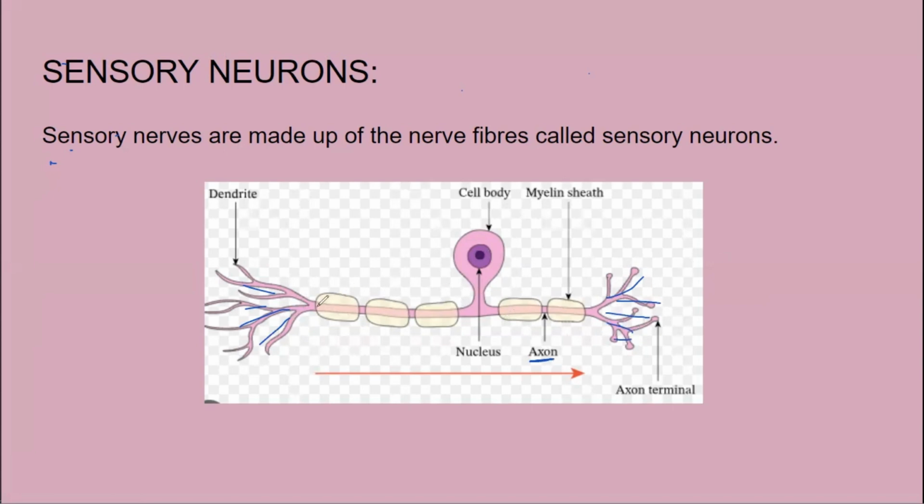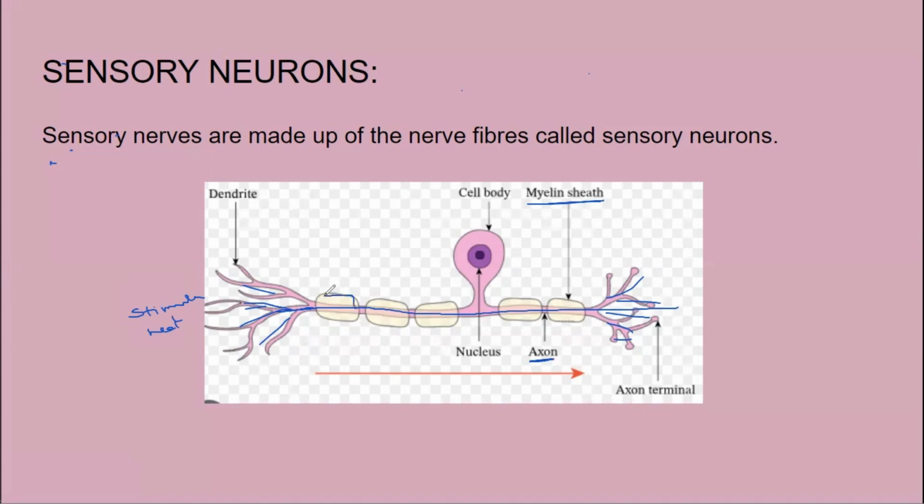And you can see all around the axon, there is a fatty sheet, which is called myelin sheath. So what is the function of the myelin sheath? For example, you have touched a hot object. So the stimulus is heat. Now the impulse of the heat will pass through the axon to your central nervous system.